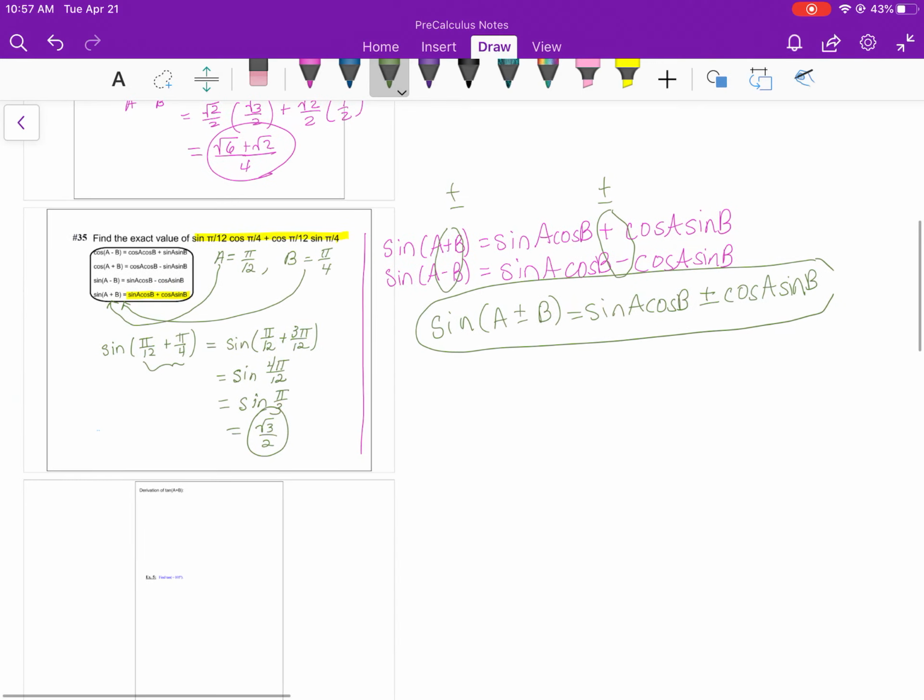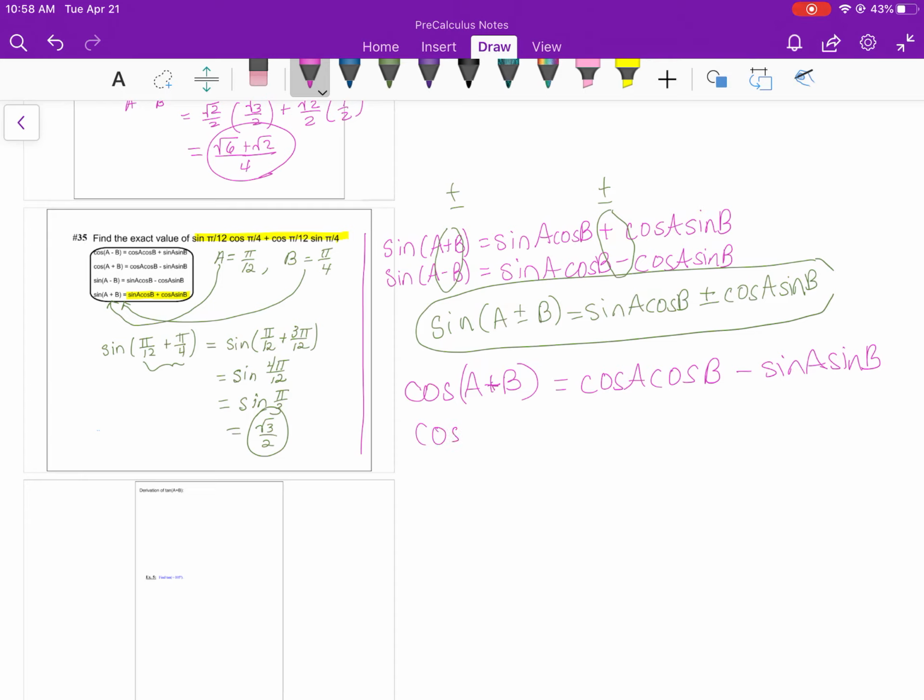If I look at the cosine formulas, cosine A minus B is cosine A cosine B. Oops, let's do the positive one first. Minus sine A sine B, cosine A minus B, cosine A cosine B, plus sine A sine B. All right.